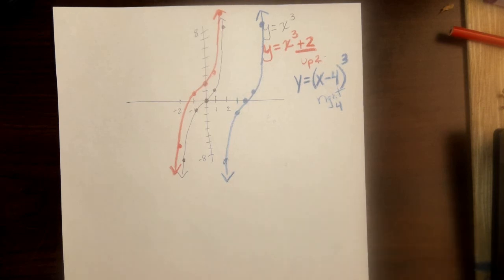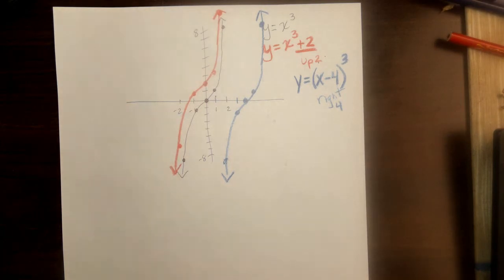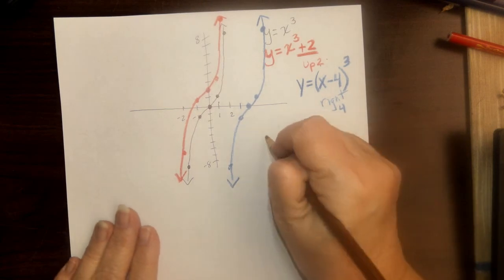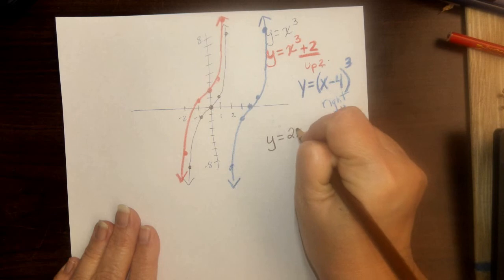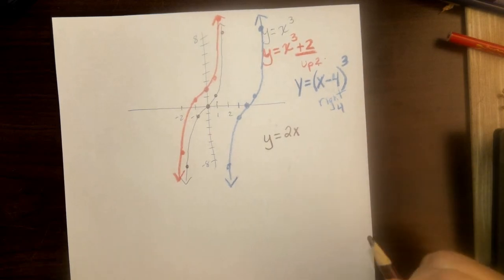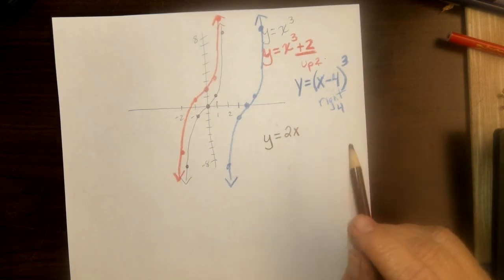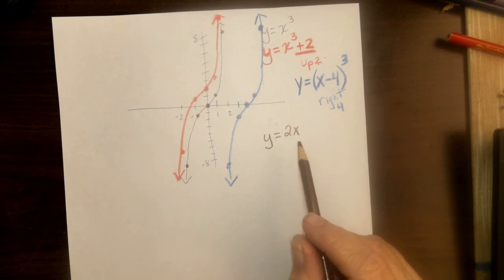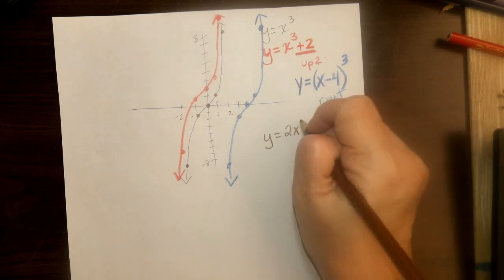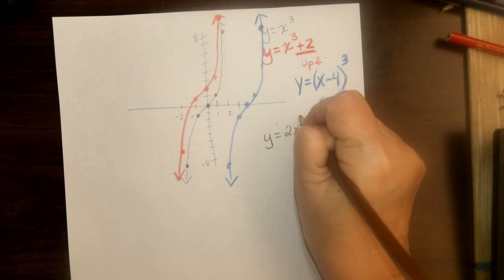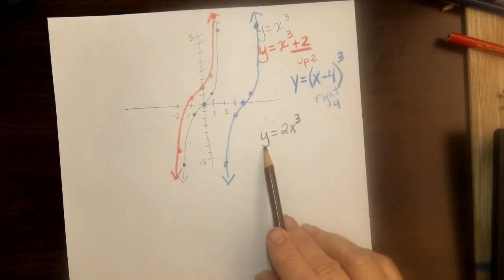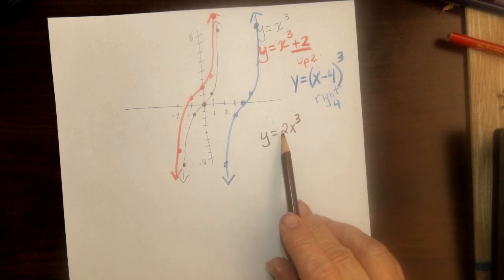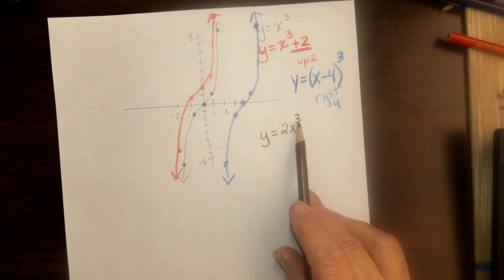Alright, now get another color. So now my equation says y equals 2x cubed.